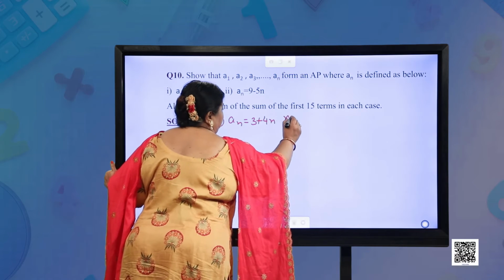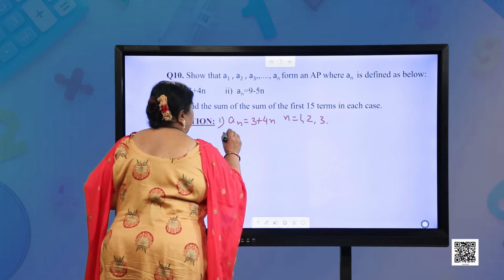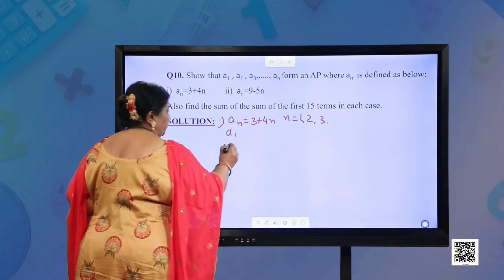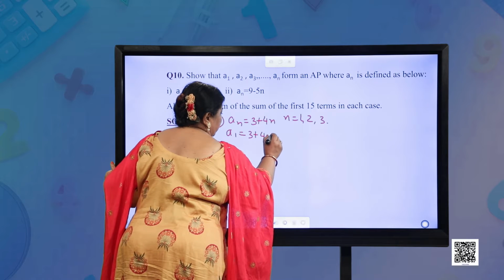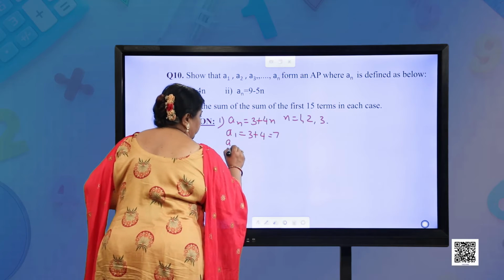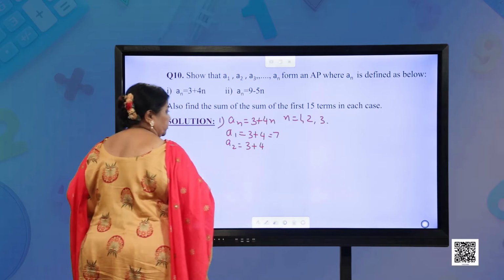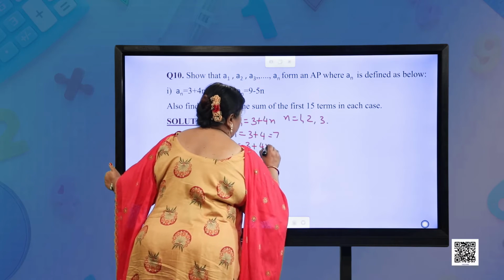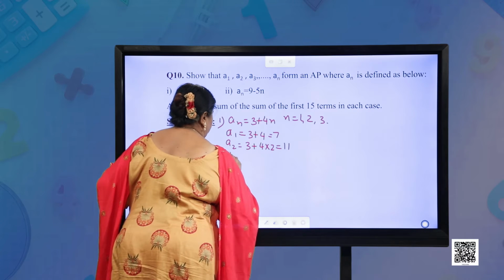Now, on taking the value of n as 1, 2, 3, let us form an AP first. It will be 3 plus 4 into 1 is 4. So, I get A1 as 7. Likewise, what is A2? 3 plus 4 into 2 is 8. 8 plus 3 is 11.